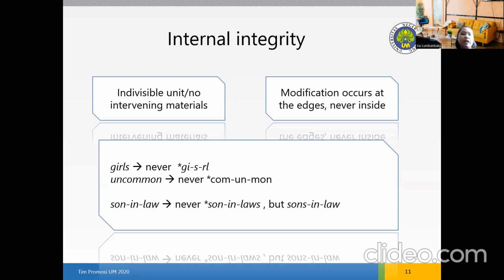If you see the example here, the word "girls", people never use another arrangement of the letters, for example G, I, and then S, R, L. And "uncommon" never becomes "common" one.